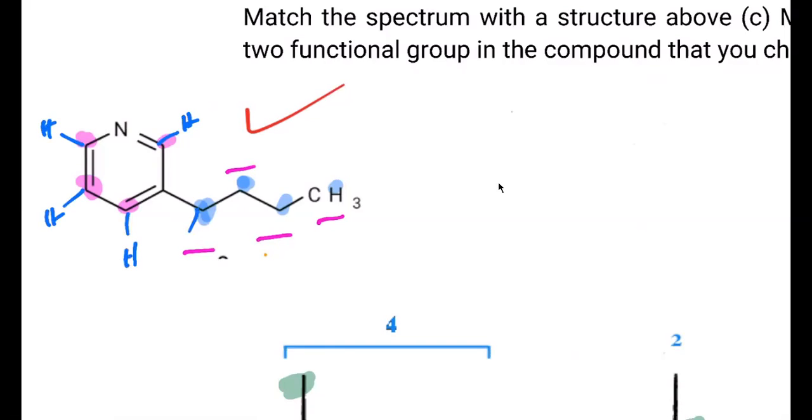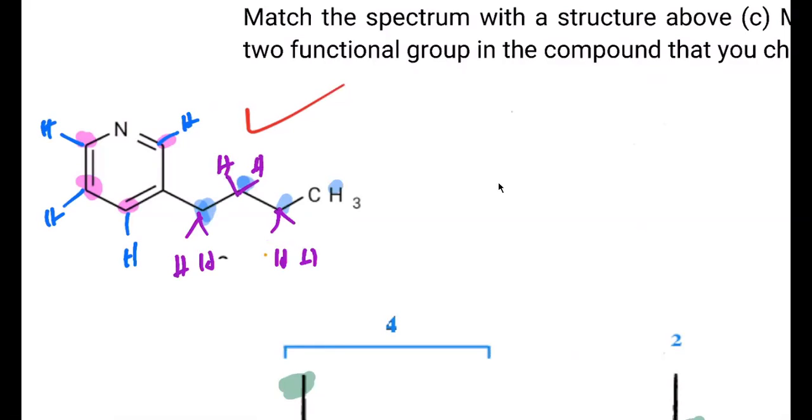And then on the chain, I'm gonna use a different color. You got CH2 here, CH2 here, and then here. And they're all different, and they're all gonna show up at different places, right?